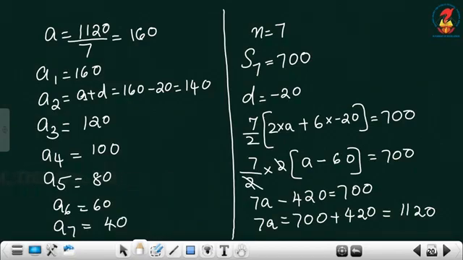So these are the 7 terms: 160, 140, 120, 100, 80, 60, 40.